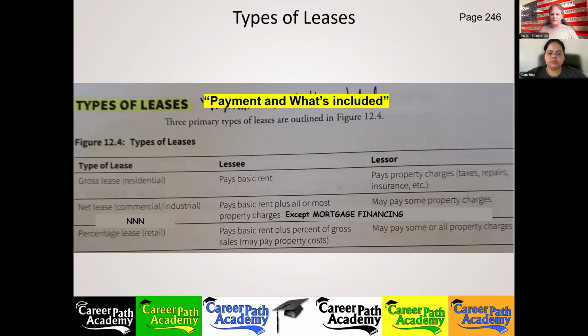And they may not be getting to that dollar figure, or it's not enough according to the minimum that may have been specified in the lease. So the landlord may pay some or all of the property charges in this. Okay, so these are the characteristics of the types of leases.